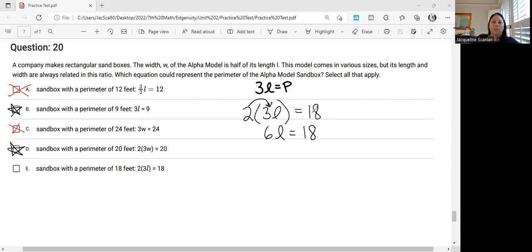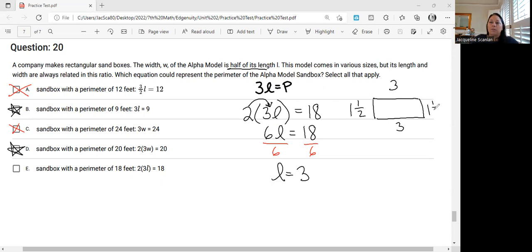At least this one's not giving us a fraction yet. I'm going to divide both sides by 6. And I get L equals 3. So in my rectangle, my length would be 3. My width would be half of it. Half of 3 is 1.5.